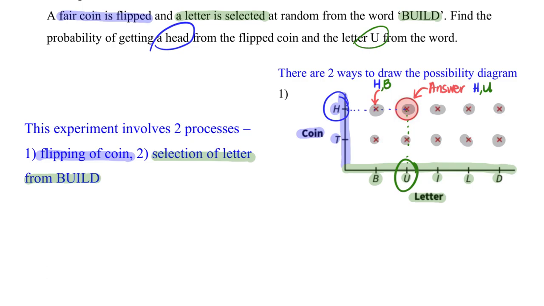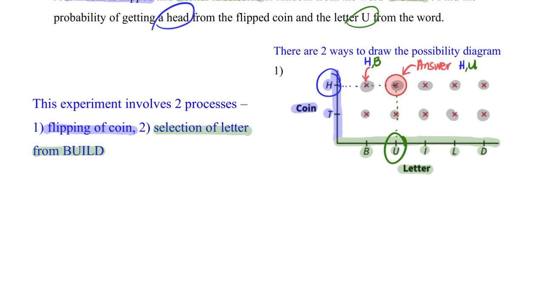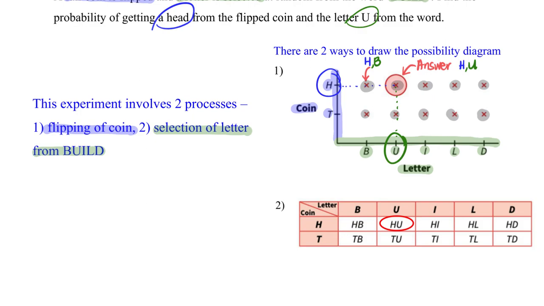Now, I'm going to bring you through a second way of drawing a possibility diagram. Like this, in the form of a table. So in this case, I'm only just listing out all the possible outcomes. This is the coin, and this is selecting the letter.